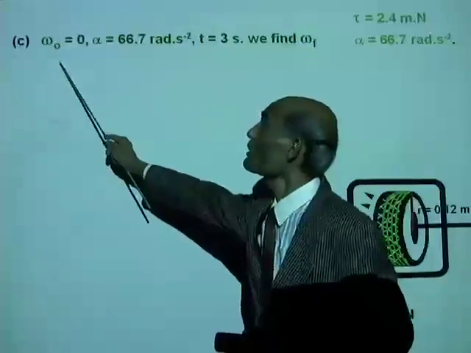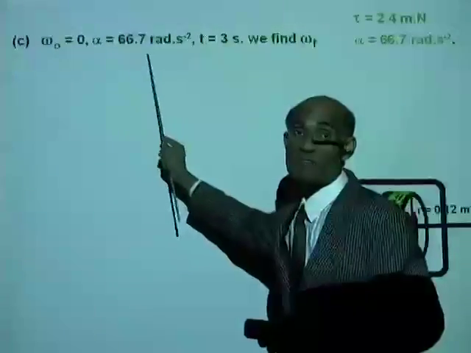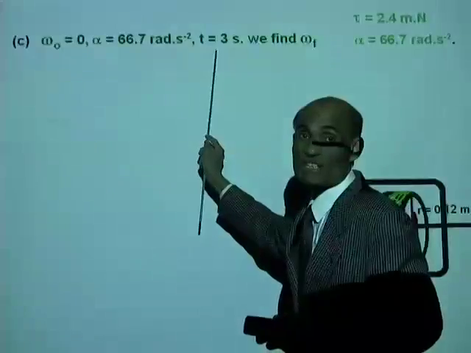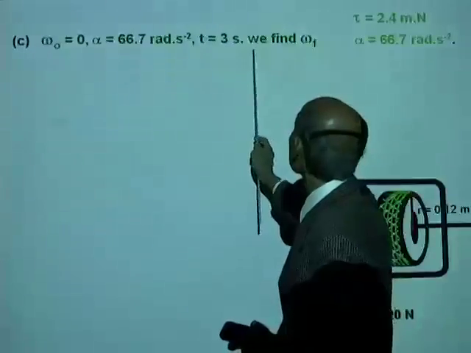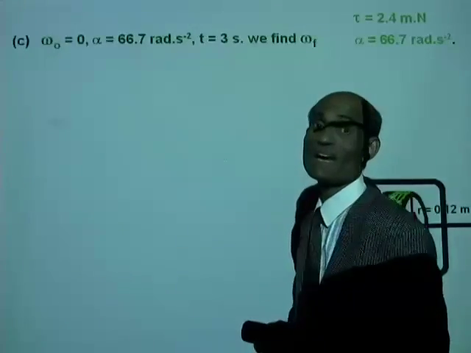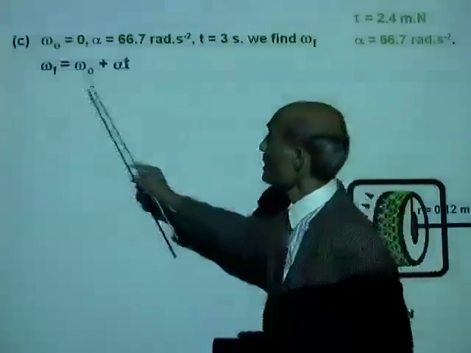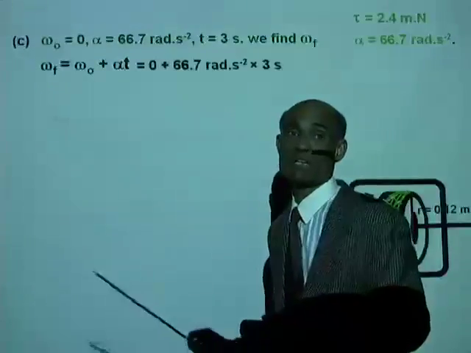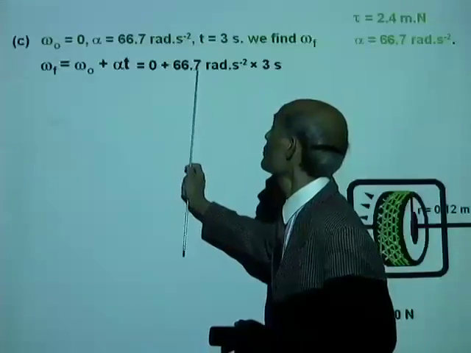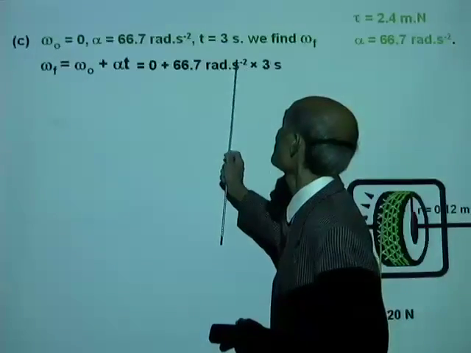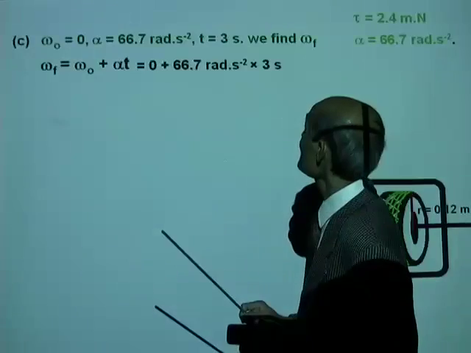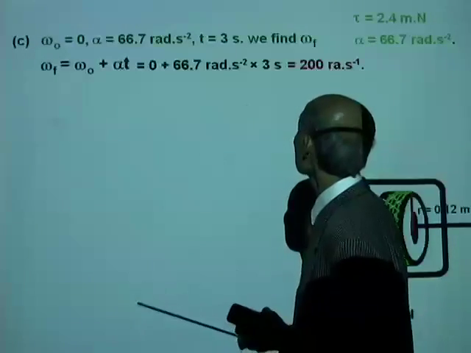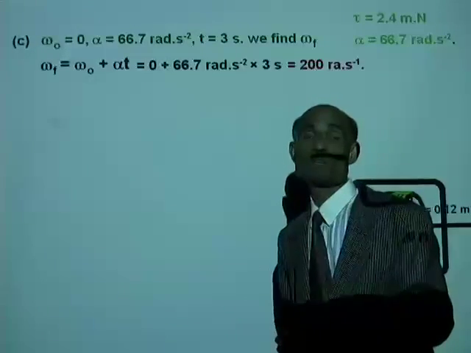So omega 0 we know is 0. Alpha we just calculated. Time is 3 seconds. We need to find omega f. Omega f equal to omega 0 plus alpha t. That will be 66.7 radian per second squared times 3 seconds. That is 200 radian per second.